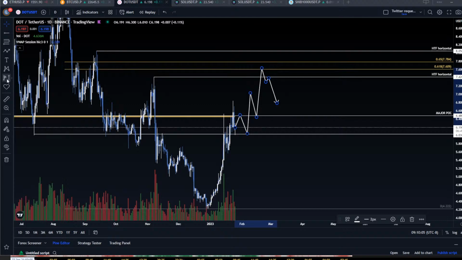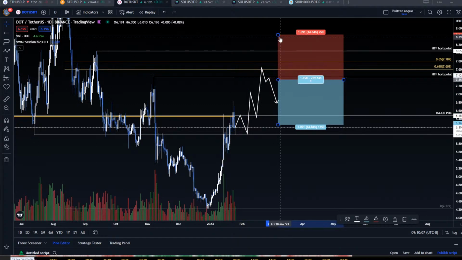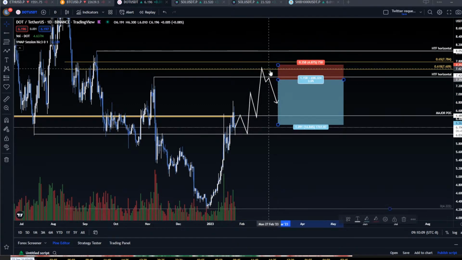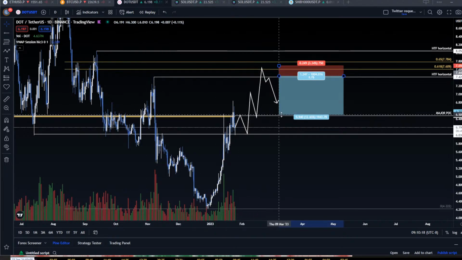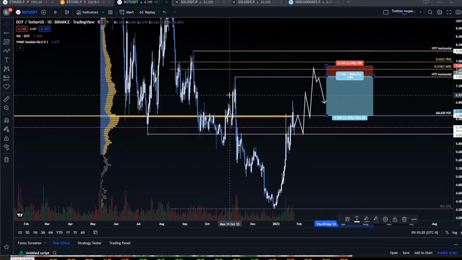And if there's some weakness, something like this would be interesting. Shorting the loss of this level. And, you know, it's probably like a 4-hour type situation.